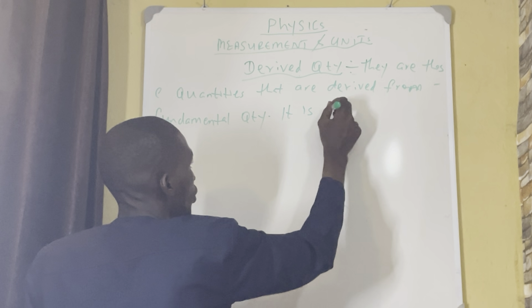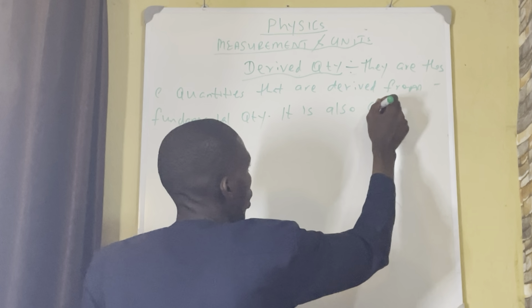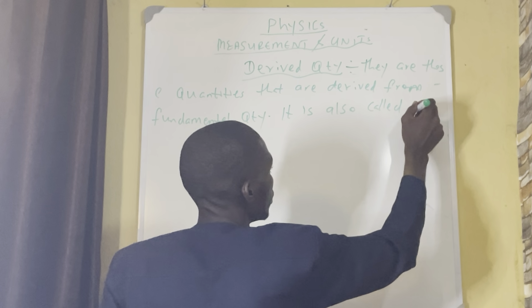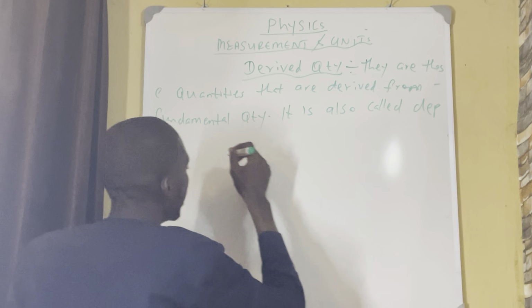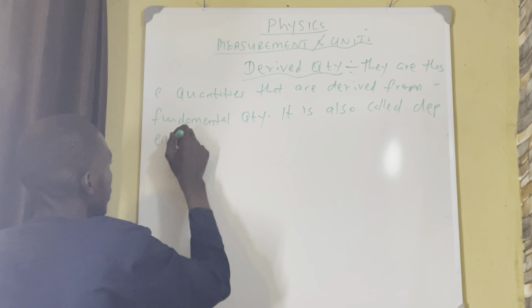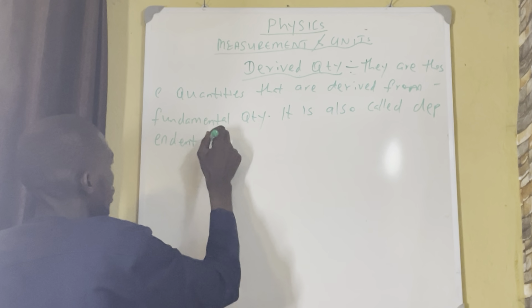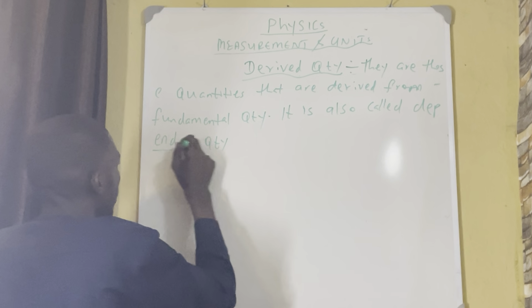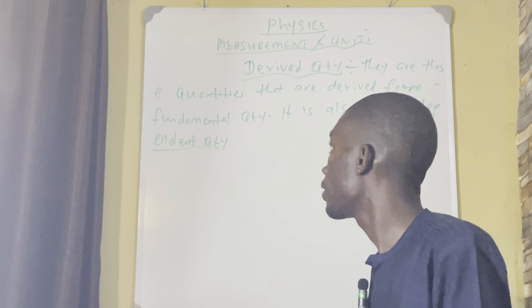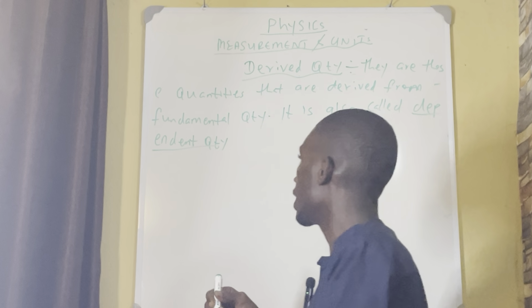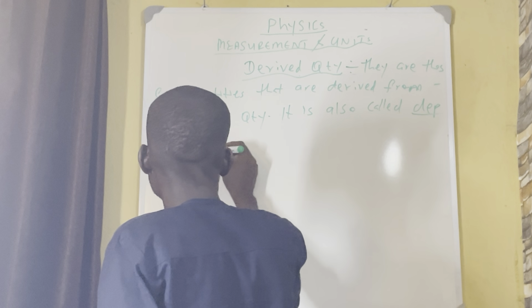It is also called dependent quantity. Another name for derived quantity is dependent quantity.